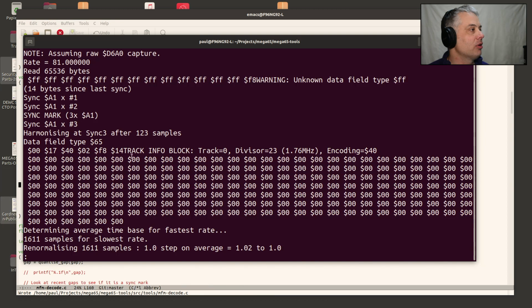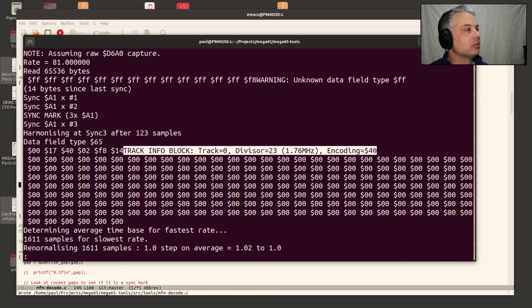Okay, so much better. Now we're seeing that the track info block is coming through. So what we can do is change the divisor when we see that to the indicated rate. What's nice here is 1.76 megahertz. For those who remember, HD uses 1 megahertz, and we believe with RLL we should be able to get to 1.6 megahertz.